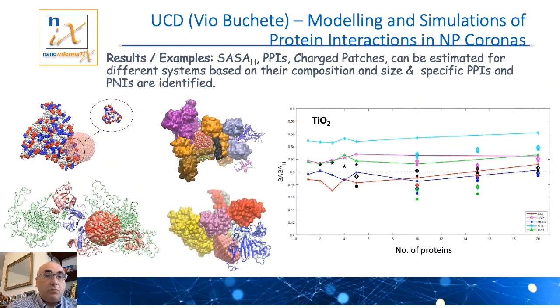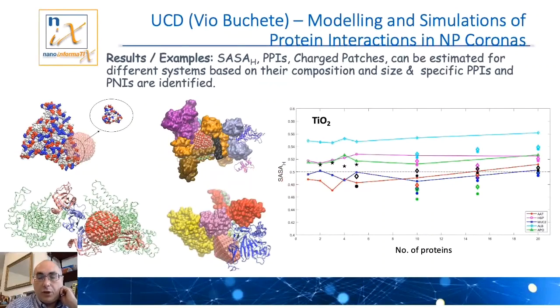I will tell you in more detail on this slide where we can attempt to dock in various ways, in order to get average values, the different conformations of our proteins on these nanoparticles that can be of different diameters and different shapes, from different sources, and calculate the solvent accessible area, and in particular the hydrophobic fraction, for example.